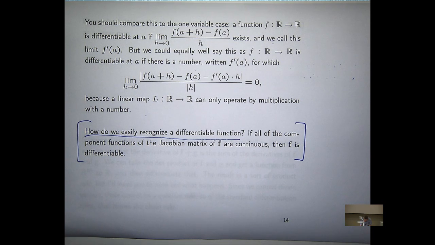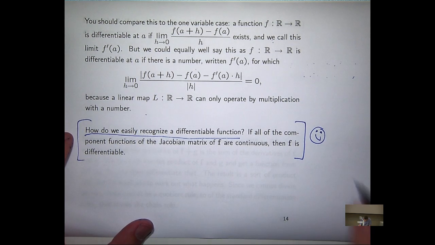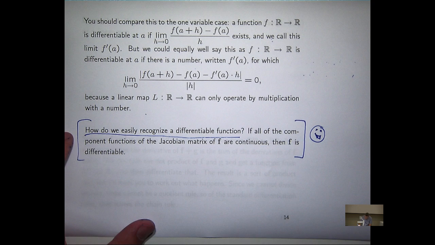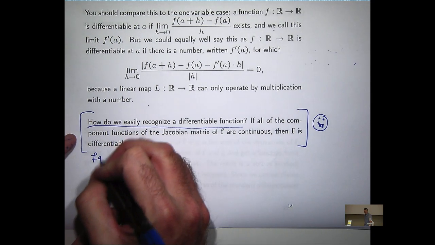So let's do an example. This is gold. Really happy. From a practical point of view, this theorem is fantastic. So let's just squeeze in a little example here.